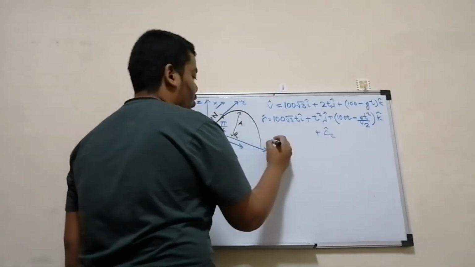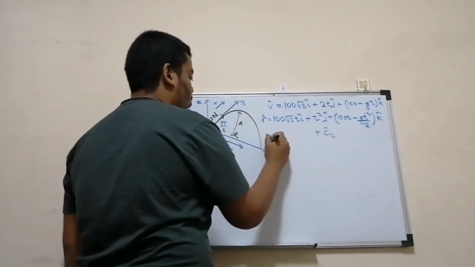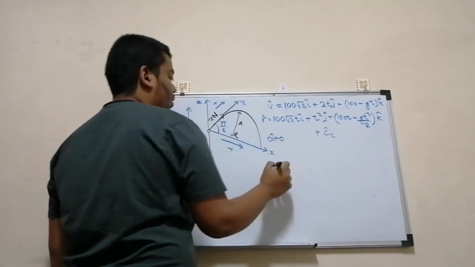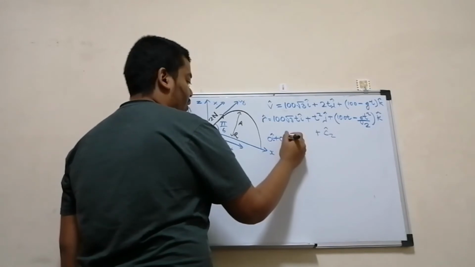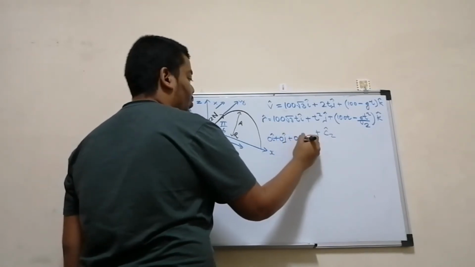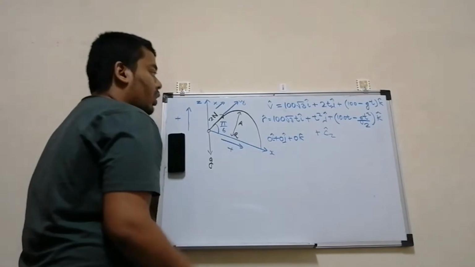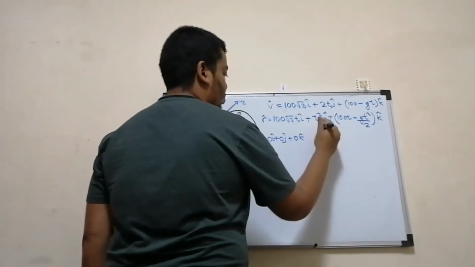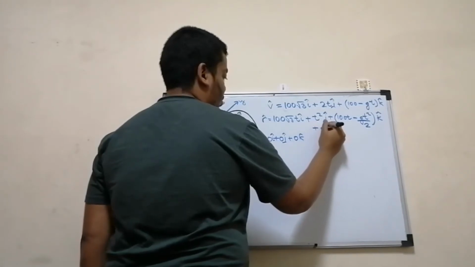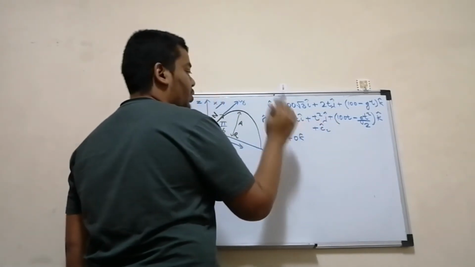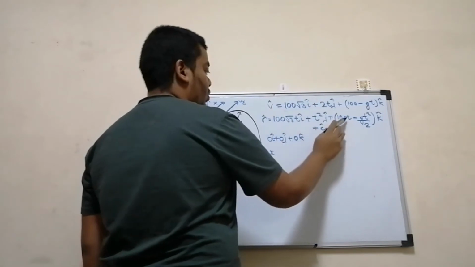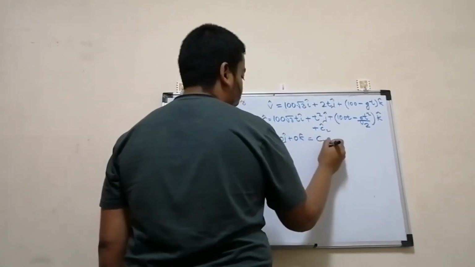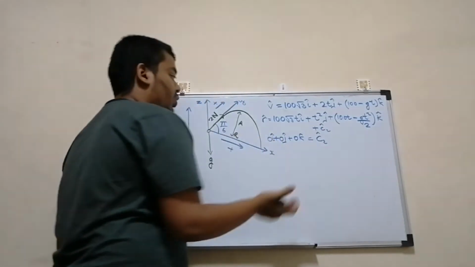So the position in the very beginning will be 0i plus 0j plus 0k, because t is 0, plus c2. T will be 0, so all these terms go to 0, and we are left with c2. So c2 is a 0 vector.